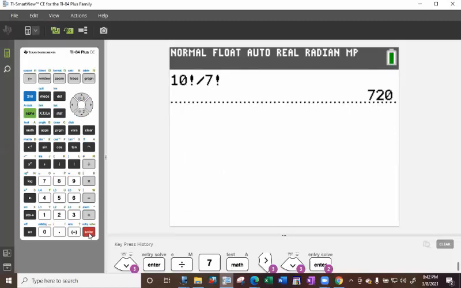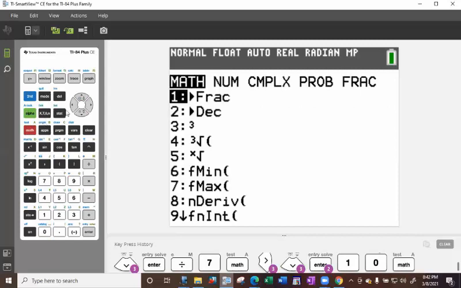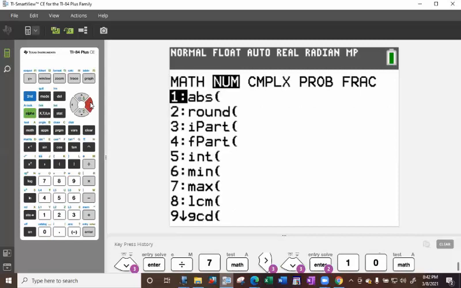But the permutation command. Just like it was for the factorial, you have to put the first number in there, the 10. But now we're using two numbers, though. We weren't using two numbers before. The first number, then you go back up here to math, the PRB, and in the older calculators, PROB.